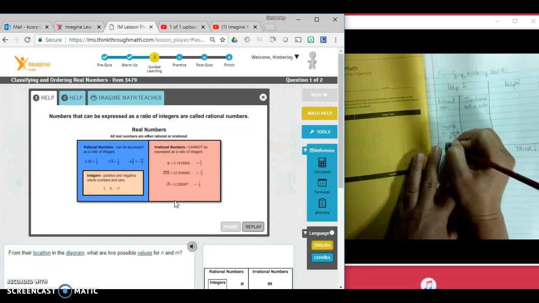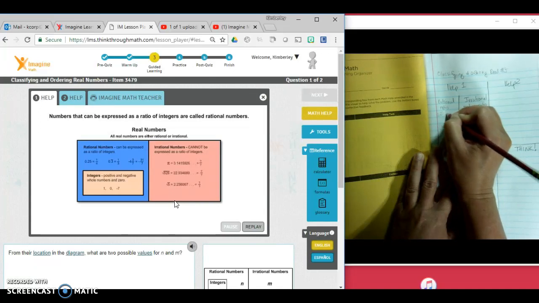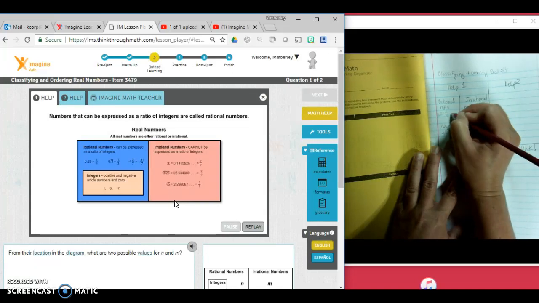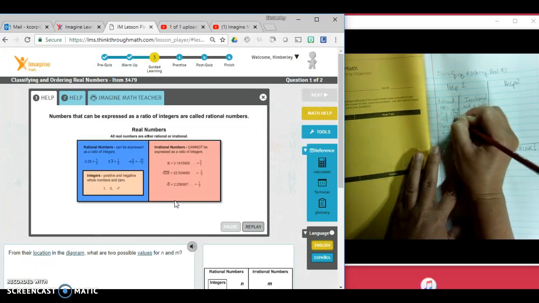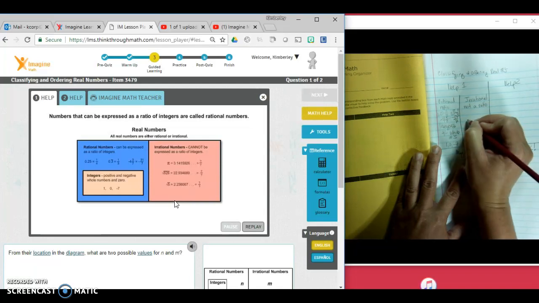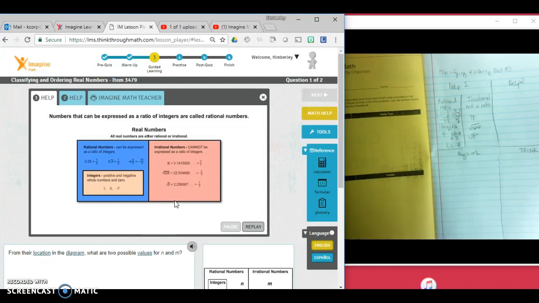With my examples, I've got 1, 0, -7. Here I have 0.25 is 1/4. 0.3 repeating is 1/3. Right, -4 and 3/7 is -31/7. My irrationals I've got are pi, square root of 526, square root of 5.